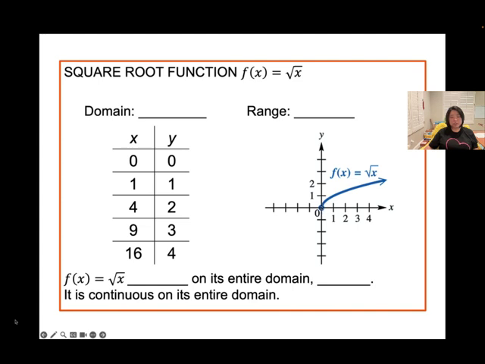So bracket 0 to positive infinity. And then the range also starting from 0. So bracket 0 to positive infinity. And then is the curve increasing or decreasing? It's going up, right? So it's going to be increasing on its entire domain, starting from 0 to positive infinity.